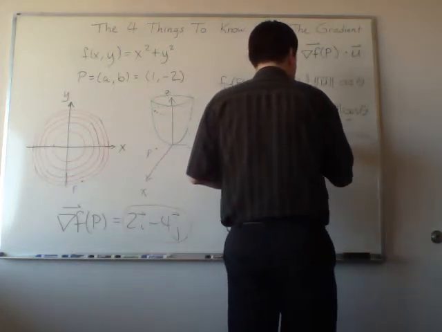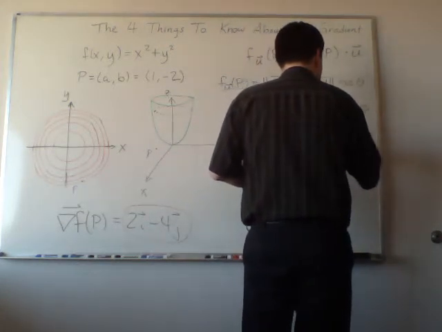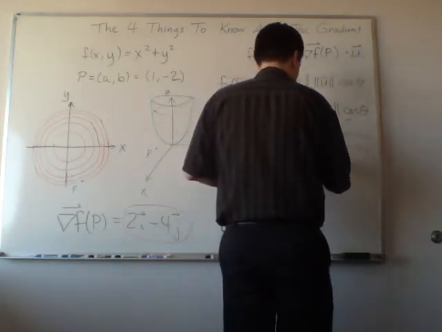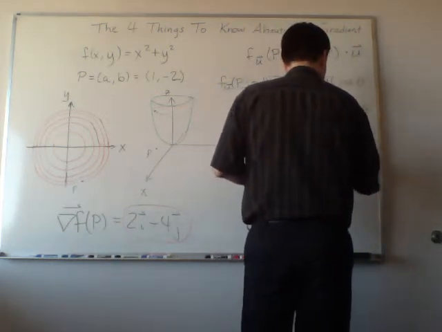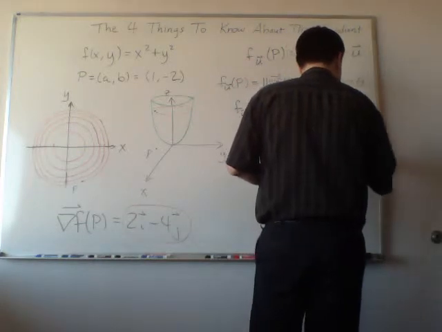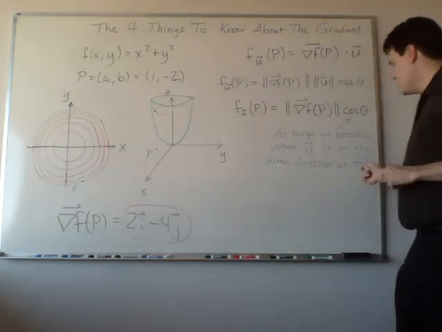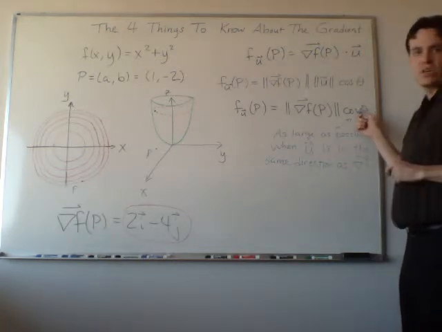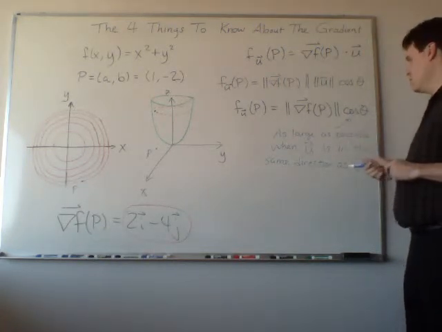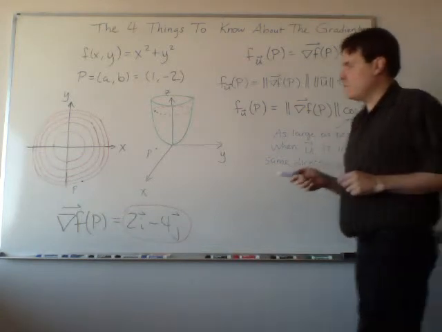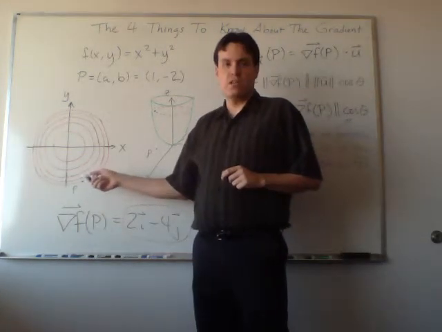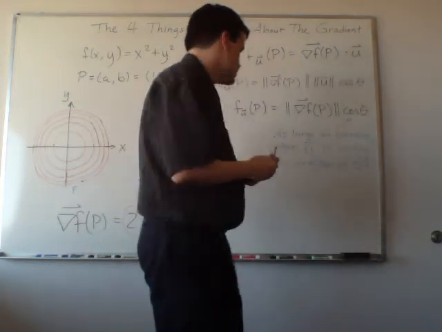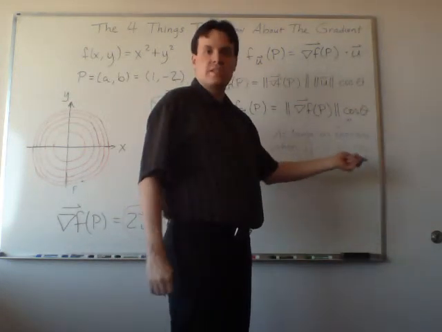when u is in the same direction as the gradient. Because I need to make the angle between those 2 vectors 0 in order to get the cosine to be 1. Which means if I want to travel from P so that I have the greatest rate of change possible, I really want to go in the same direction as the gradient vector.